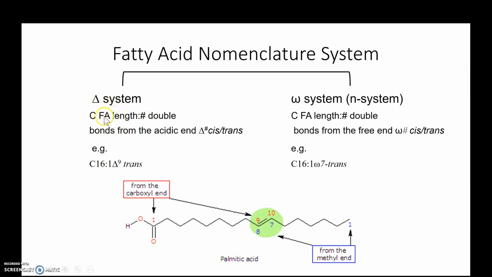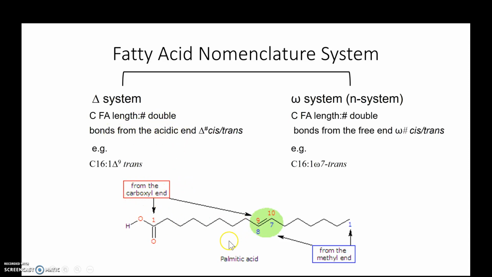With the delta system, when we come to write the name of the fatty acid, you just write a C that represents the number of carbon atoms in the molecule, followed by the number of carbons in that fatty acid. And then you have a colon and then the number of double bonds from the acidic end.